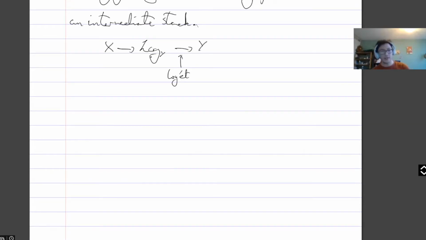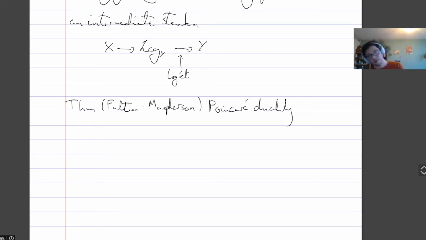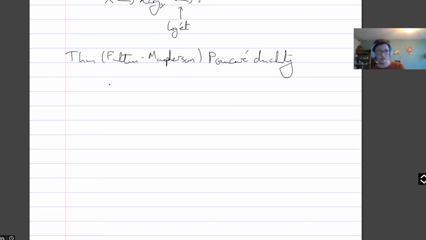And then there's a theorem, again due to Fulton and MacPherson. So I always miss out the P in MacPherson, which is roughly called Poincaré duality. It takes a bit of meditation to work out why it should be called Poincaré duality, why it's the correct statement to make. But it is, and it's very, very nice.